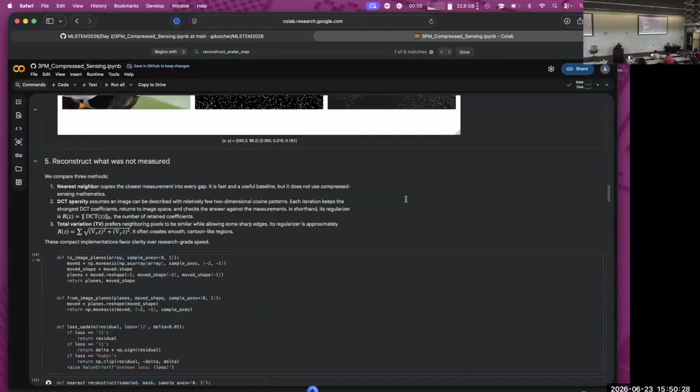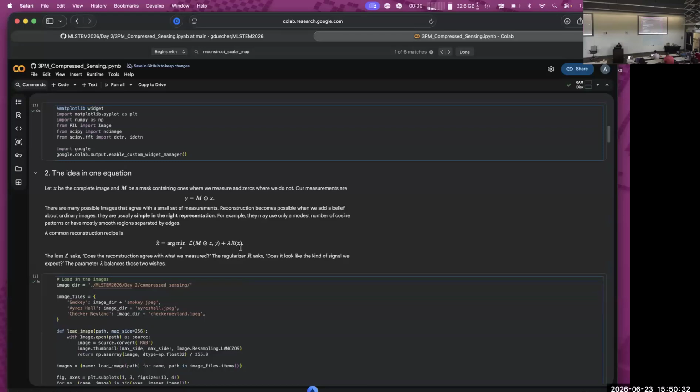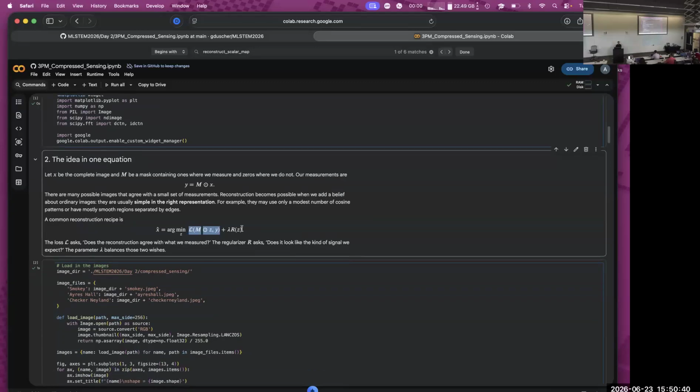So if we go back to the front of the notebook, it's this part. So we give some reconstruction algorithm on the right that bakes in patterns into our reconstructed image, and then we subtract the reconstructed image from the actual measured data set.